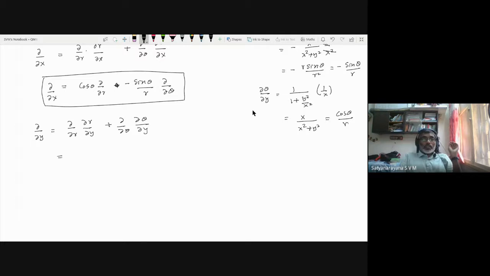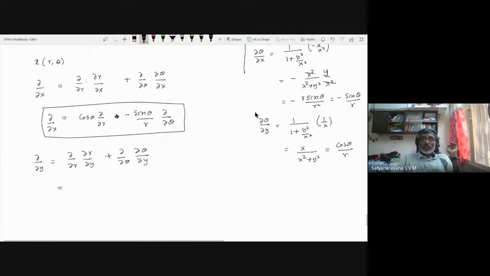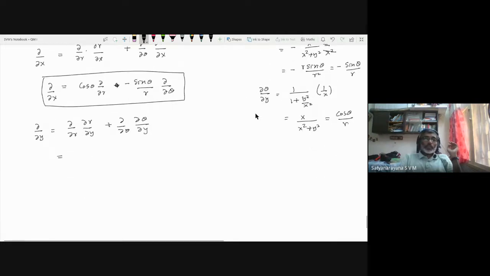So that is equal to, ∂r/∂y we know is just sin θ, and ∂θ/∂y I know is cos θ by r. So this is sin θ into ∂/∂r plus cos θ by r into ∂/∂θ. This is our ∂/∂y.